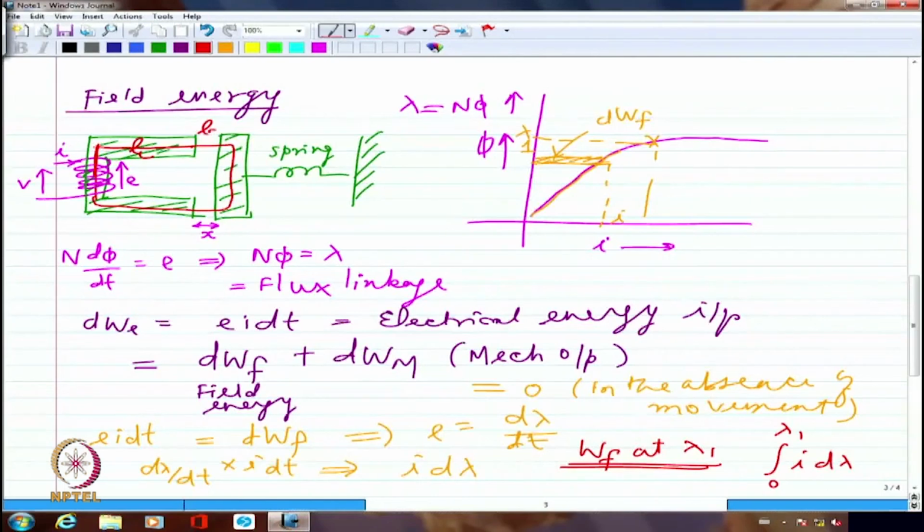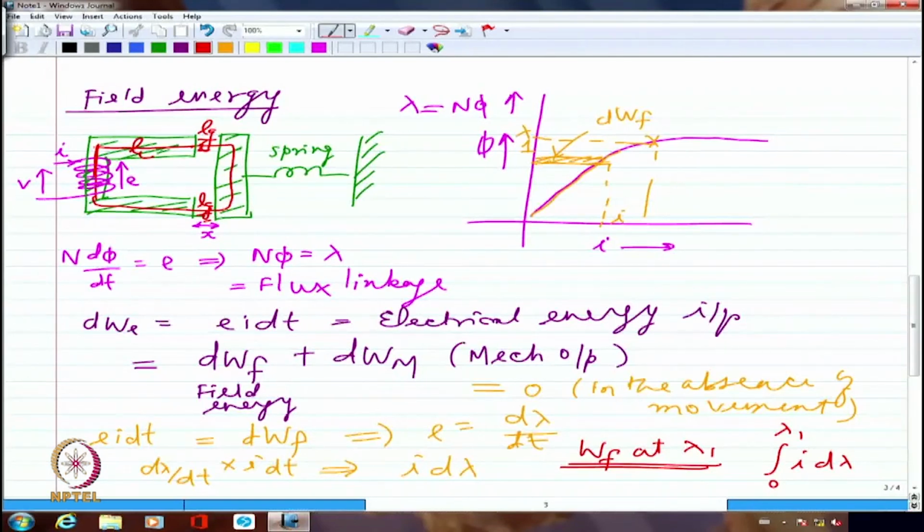This is Lg, this is also another Lg. That's it. So I'm going to have the gap length be really, really small, whereas the actual core length is going to be much larger. So the magnetic circuit length on the whole is Lc plus Lg. Maybe I can call this Lg by 2 and this is also Lg by 2. Together it becomes Lg.